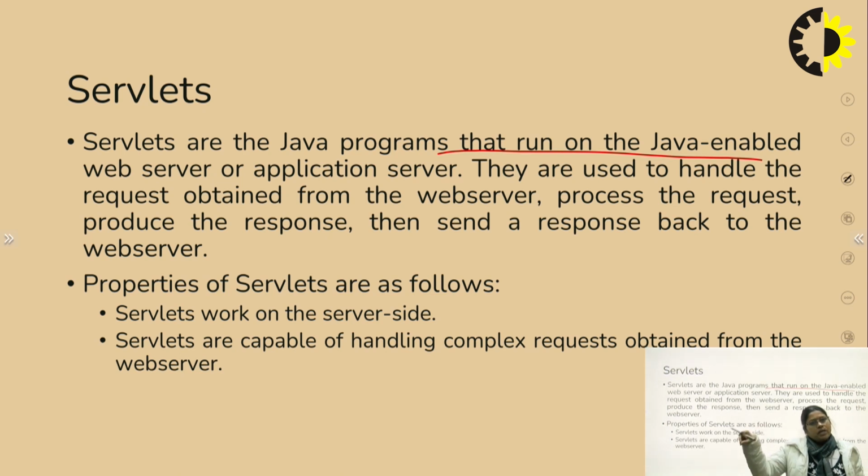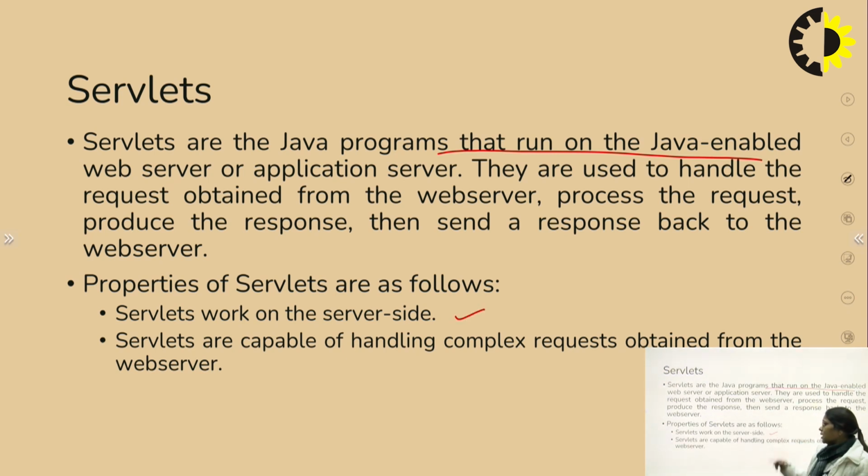So, we need a web server to execute the Java programs, which are called servlets. They are used to handle the request obtained from the web server, process the request, and produce the response, and that response goes back to the web server, and then the web server will transmit this response to the client.